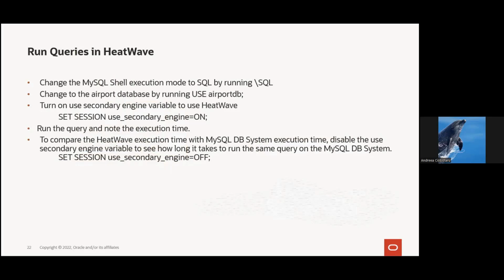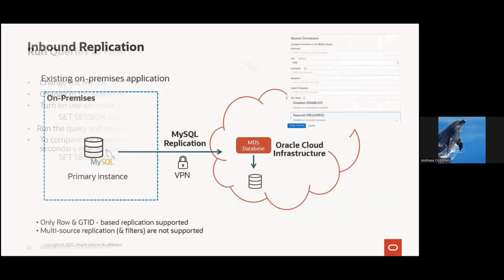You connect again to your system as before, change the SQL mode, use the database, and then you can turn on this use secondary engine variable to use HeatWave. So you can see you have a set session on and off. This is something that you can do in order to compare the execution time with or without HeatWave enabled.